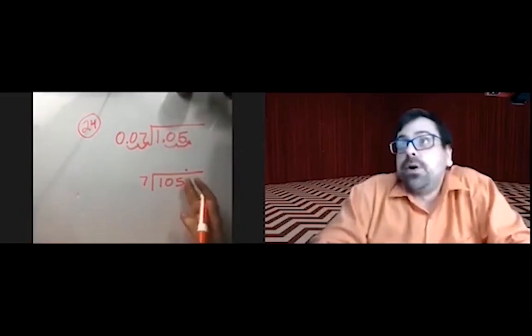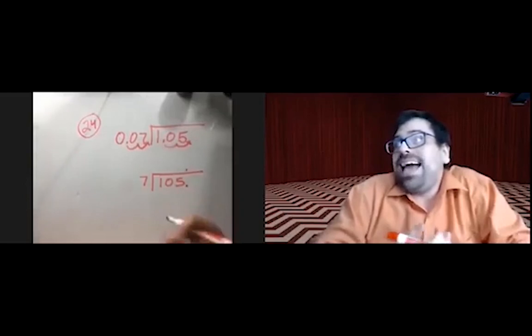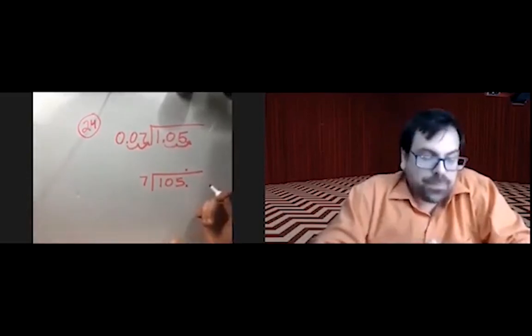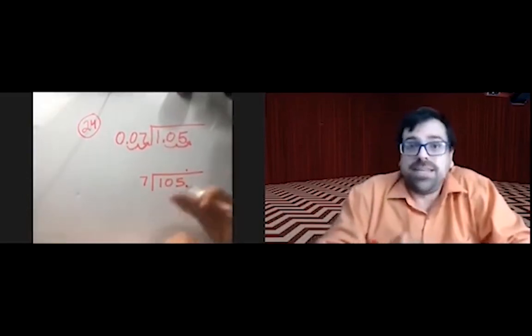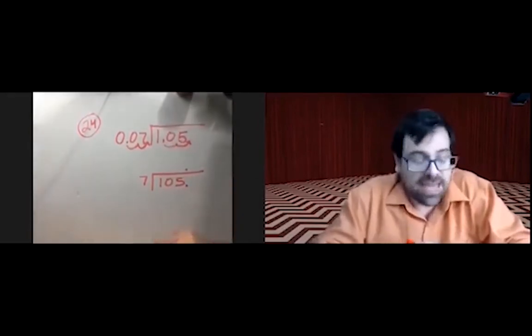Because this is a decimal problem, if there's a remainder, we cannot put it in remainder form. We have to continue this problem till it is completely done by putting in zeros and bringing them down if necessary.